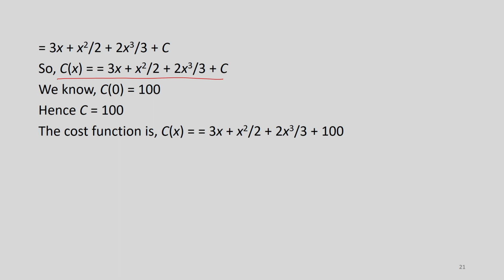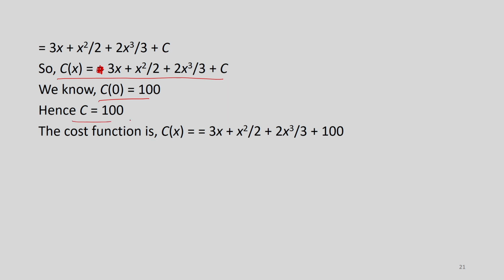So, this is the cost function, but here obviously there is this plus c term, and I have to get rid of that, and here I am using this information that C of 0 is known to be 100. If I put x is equal to 0, then the right hand side becomes C and the left hand side is known to be 100.